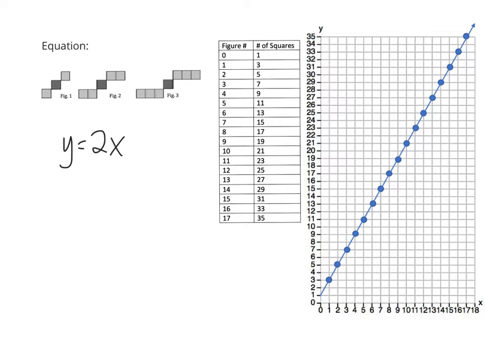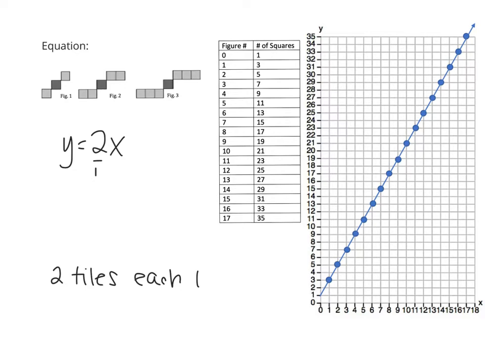So 2 becomes my slope. And let's think about it this way. Remember when we talked about explaining the slope in terms of the problem? We would say here, with the slope being 2, or 2 over 1 if we want to picture it that way, I am adding 2 tiles or squares each time, or each one figure number, I could say, might be better since we said that goes with the y value.